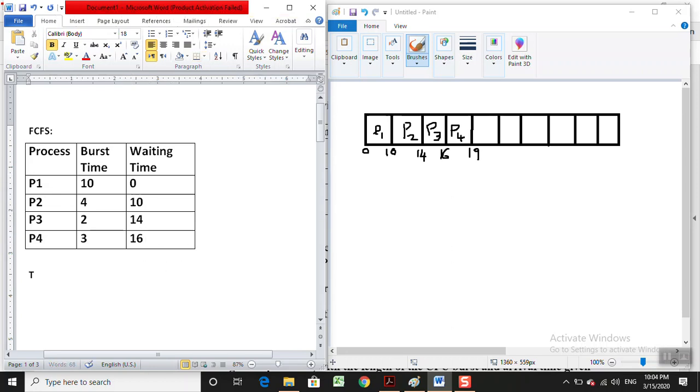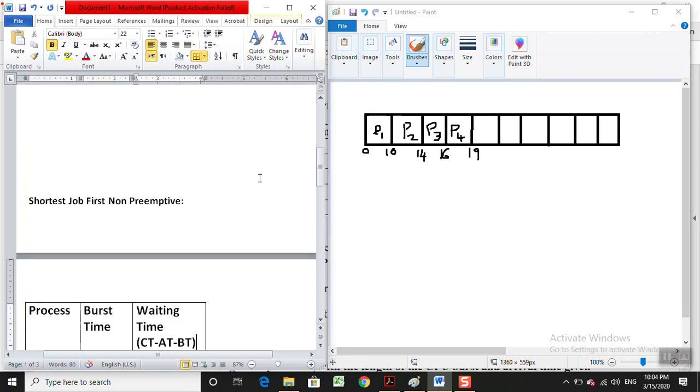The total waiting time is 40, and the average waiting time is 40 divided by the number of processes, 4, so it's 10 milliseconds. Very simple.